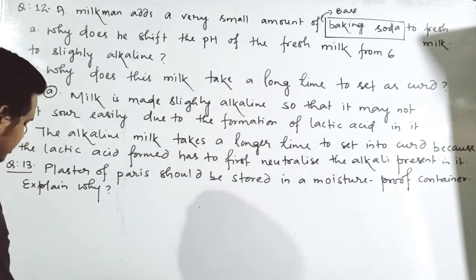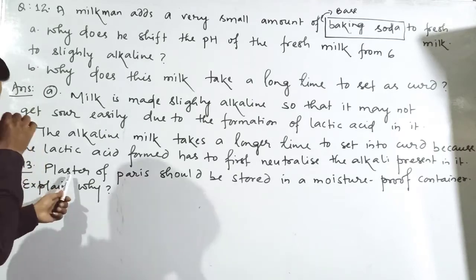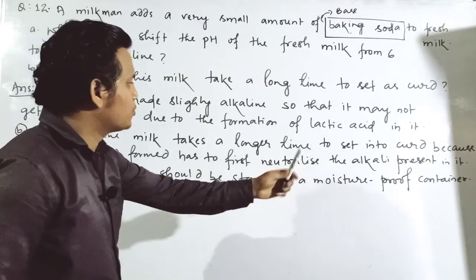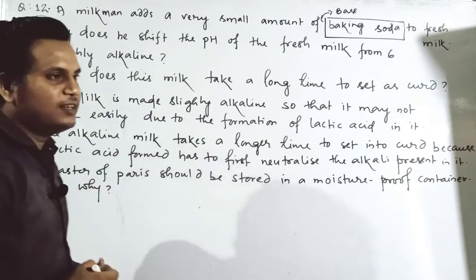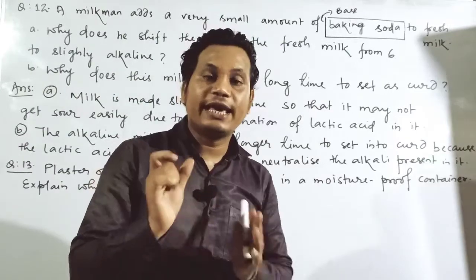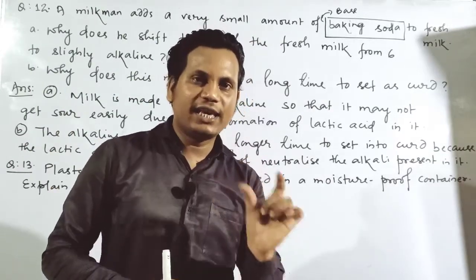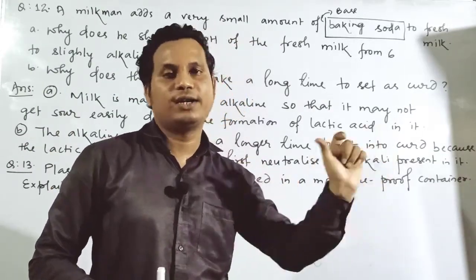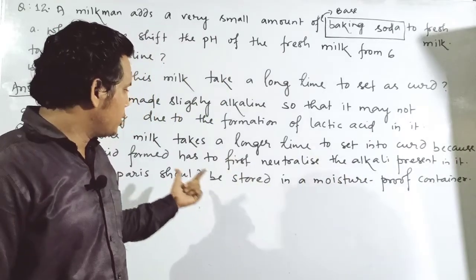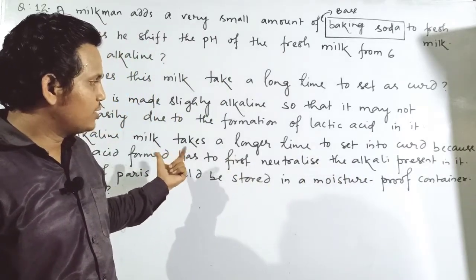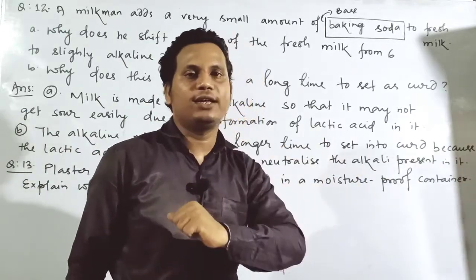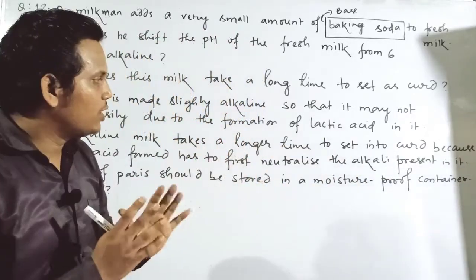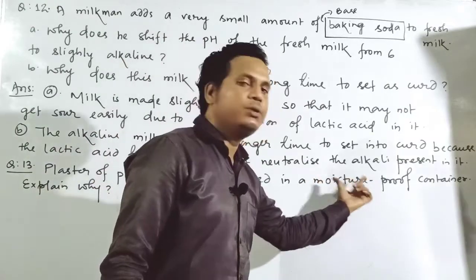Question 13 asks: plaster of Paris should be stored in a moisture proof container. Why? Plaster of Paris, we have seen, is calcium sulfate hemihydrate, CaSO4 dot half water. So it should be stored in a moisture proof container, meaning a place where water should not be present.